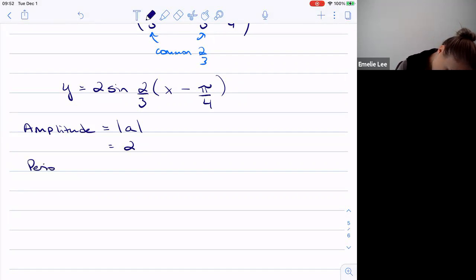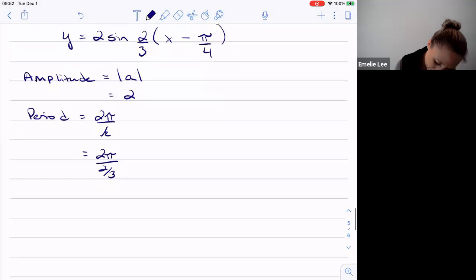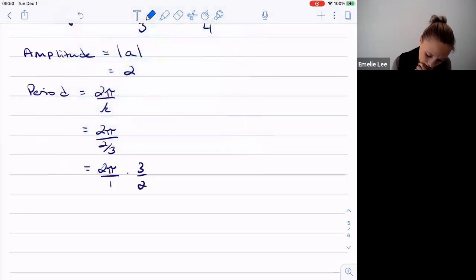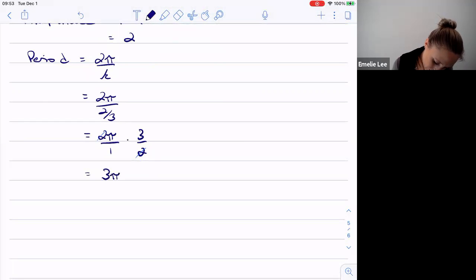The period, and a lot of people kind of forget that it's 2 pi over k and just want to write k, but it's actually 2 pi over k, which is 2 pi over 2/3. If we're thinking about our fractions, that's 2 pi over 1 times 3/2. That looks like 3 pi to me, right? If I cancel this 2 with this 2, I get a period of 3 pi.